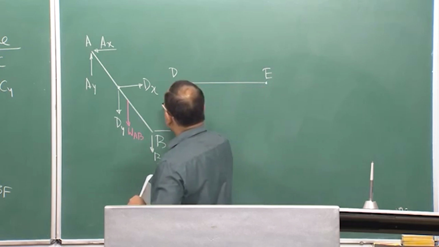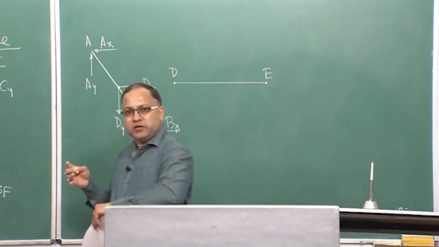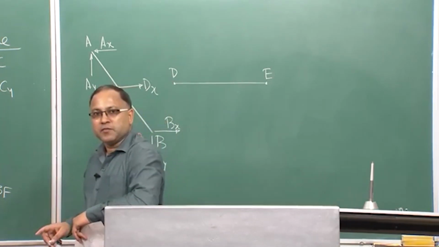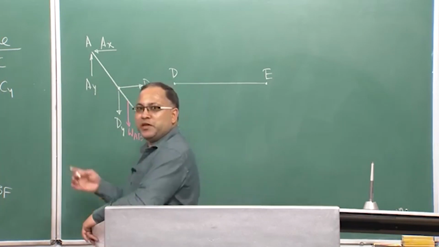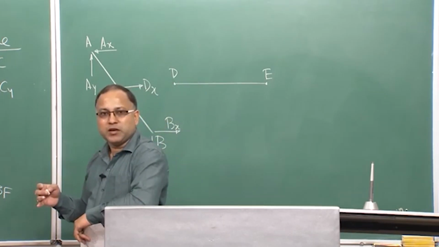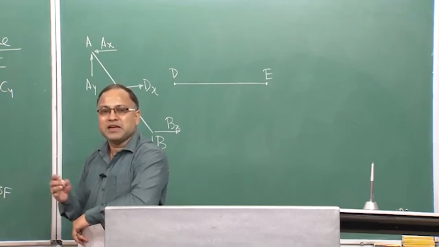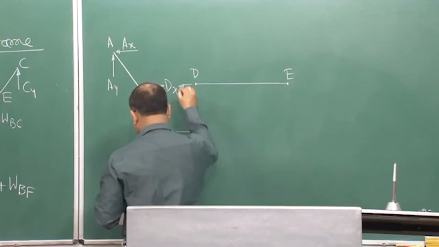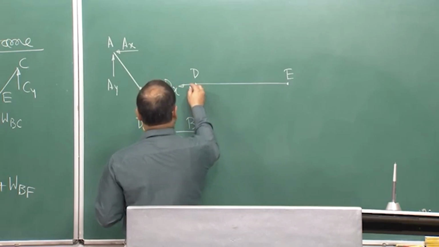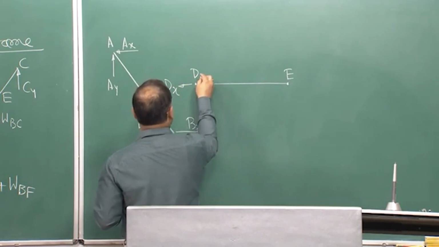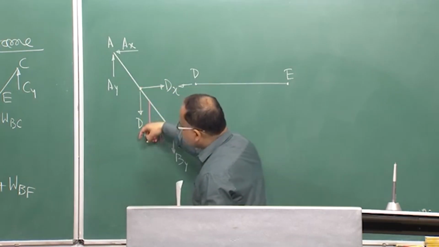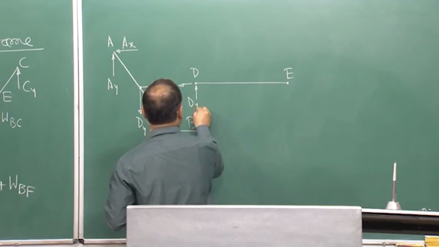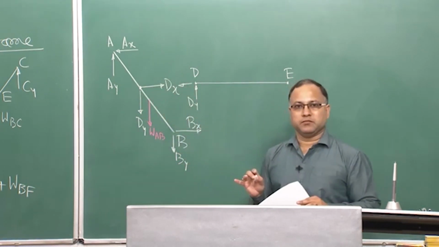Now, at point D, because it is in equilibrium, whatever direction of Dx is shown here on this member, it should be exactly opposite and equal, otherwise it will not nullify or cancel each other, right. So, this thing only you have to remember. This is your Dx and Dy I have shown vertically downward. So, it should be upward. This thing only you have to remember.